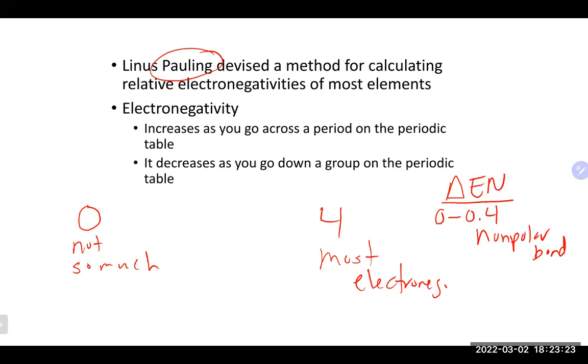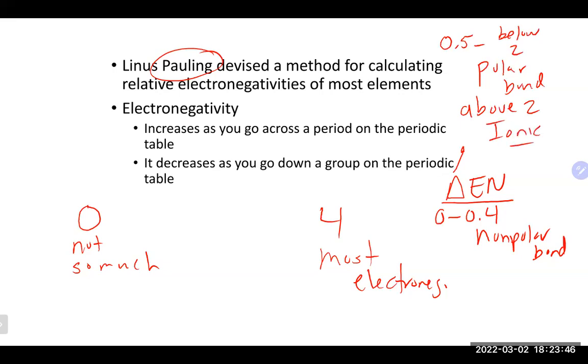If you subtract the two electronegativity values and you get above 0.4, like 0.5 to below 2, that is considered a polar bond. And typically, if you go above 2 when you subtract, that is an ionic bond.